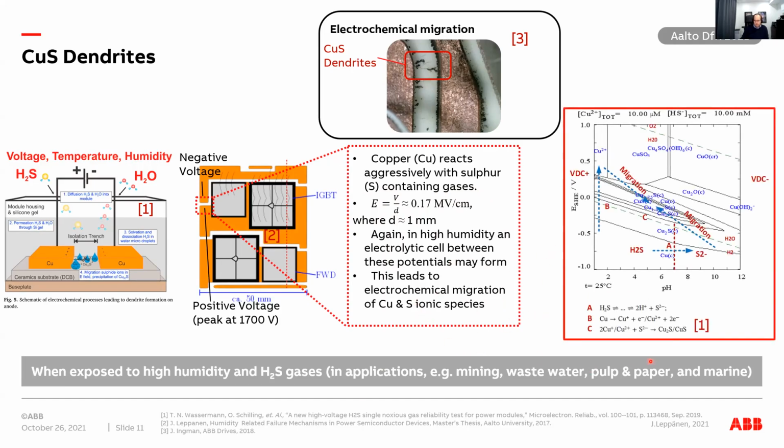And then in the literature, there has been a description of the reactions that can occur. I have been trying to draw them into this Pourbaix diagram. Sorry, I didn't remember to put the reference for this Pourbaix diagram here, but in principle you can just Google it: Pourbaix diagram of hydrogen sulfide and copper.